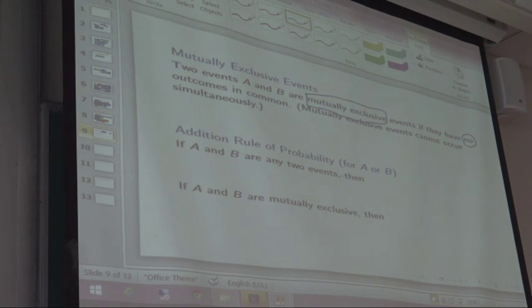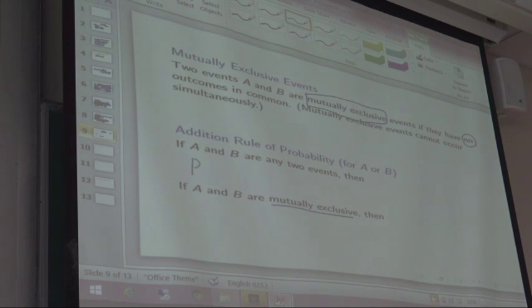Now when you compute the probability of A or B, if A and B are any two events, typically we assume that when there is no wording like mutually exclusive, then maybe there is overlap between A and B, right?